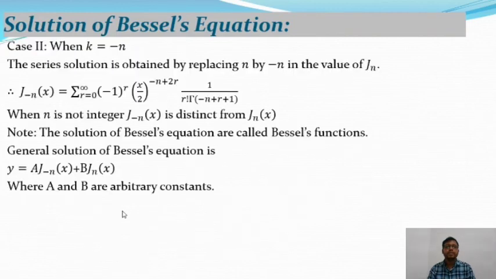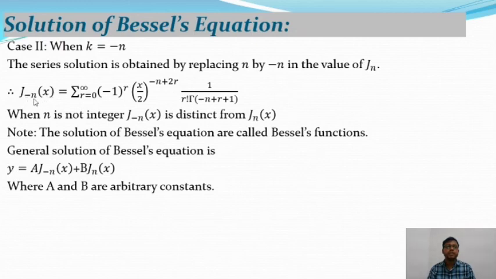After that, when we put k equal to minus n, the series solution is obtained by replacing n by minus n in the value of j, and it can be written as J of minus n of x.